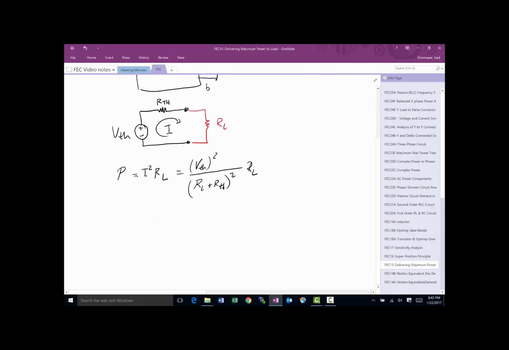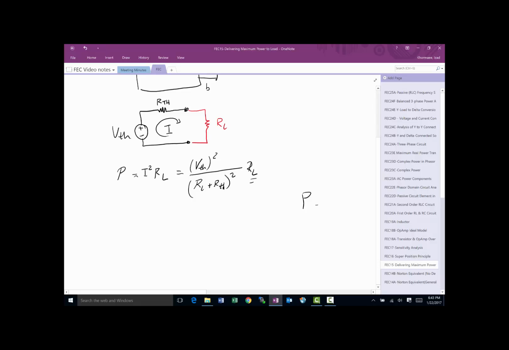Okay, so here we are now in calculus. I'm sure you have studied that if I have a power that is variable with an equation, in this case RL is the only variable we have.